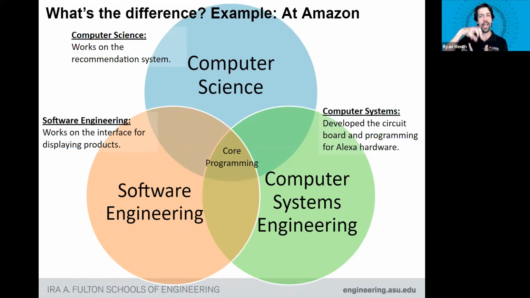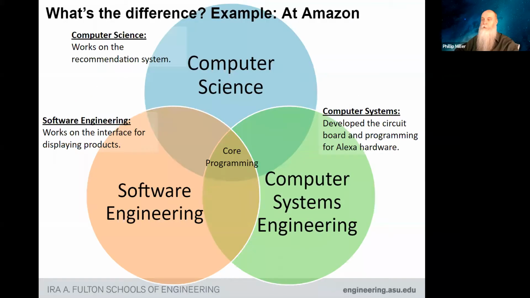That's software that's happening very close to the hardware of the product. So it's something super low level, and it runs in the background to provide that service that other people like the software engineers and the computer scientists are designing.